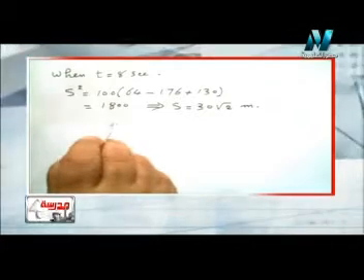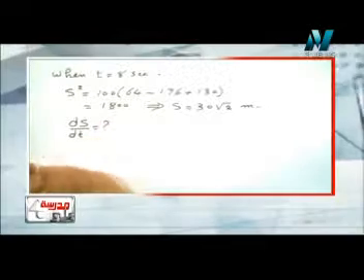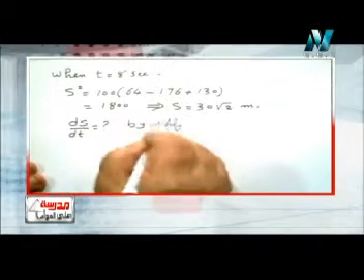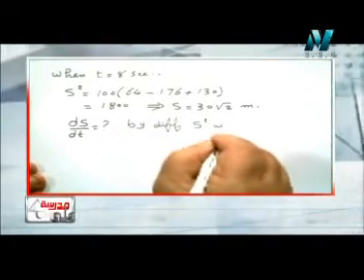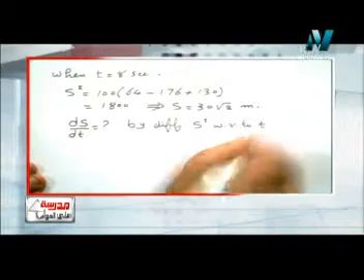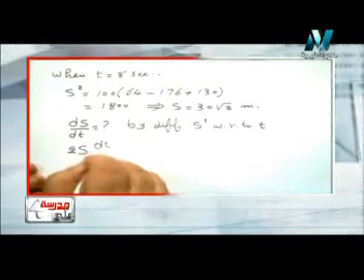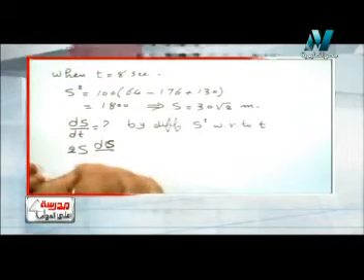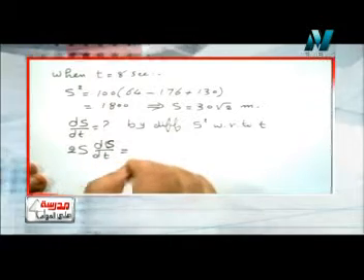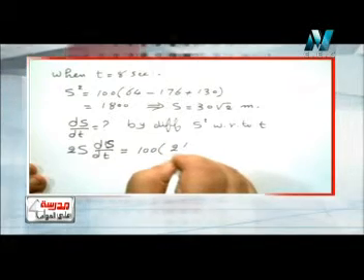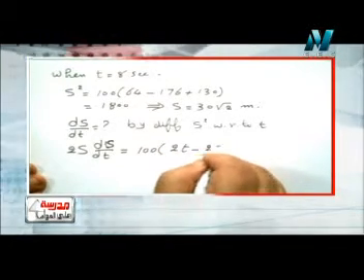But the requirement is the rate of change, ds by dt. What about ds by dt? We differentiate s squared with respect to time. The derivative of s squared is 2s ds by dt, which equals 100 times (the derivative of t squared, 2t, minus 22).